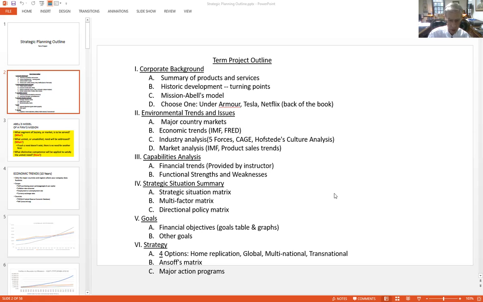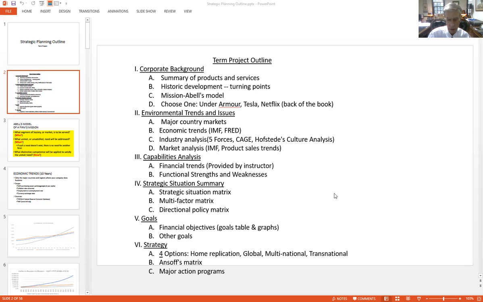qualitative measures as well. And finally, we need to answer the question, how are we going to accomplish or achieve those goals? And we're going to find out that there are certain options for doing that.